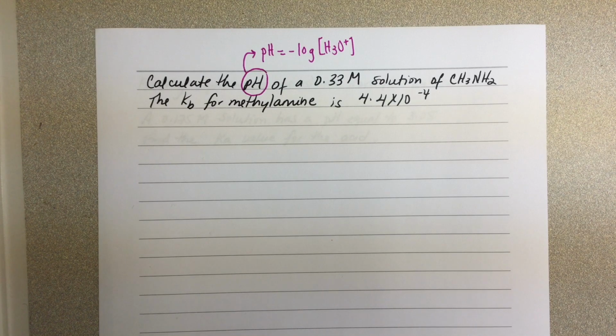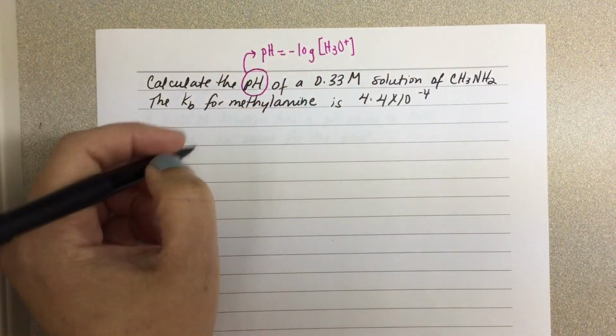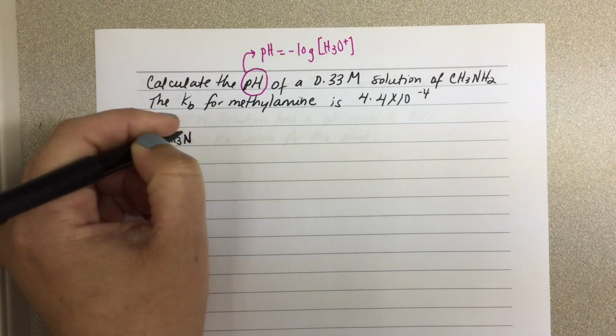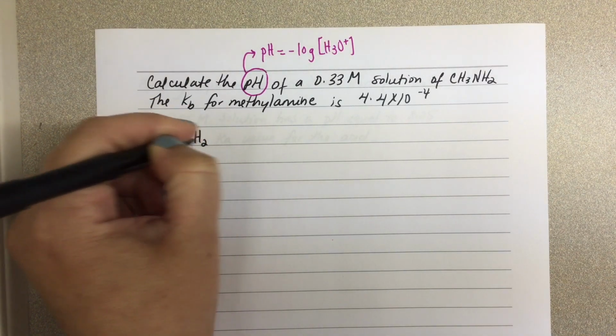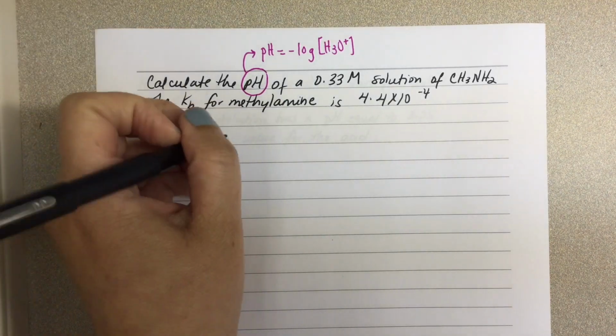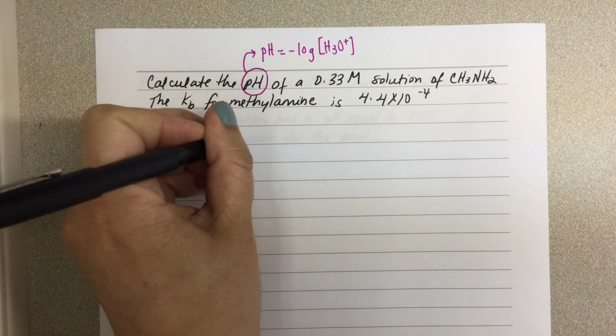In the previous problems, you had a weak acid, and with your weak acid, you're getting hydronium as a product. Your acid is dissociating in solution to give you hydronium. But when you have a weak base, such as this methylamine here, I'm going to write down your equilibrium equation, weak base in water.